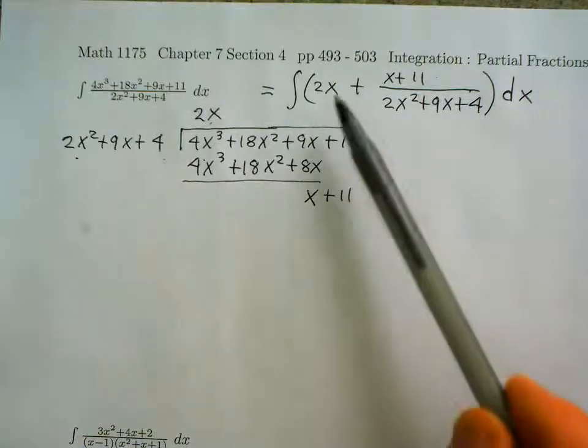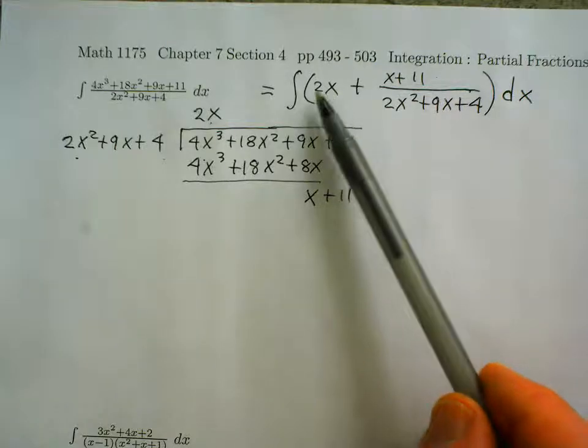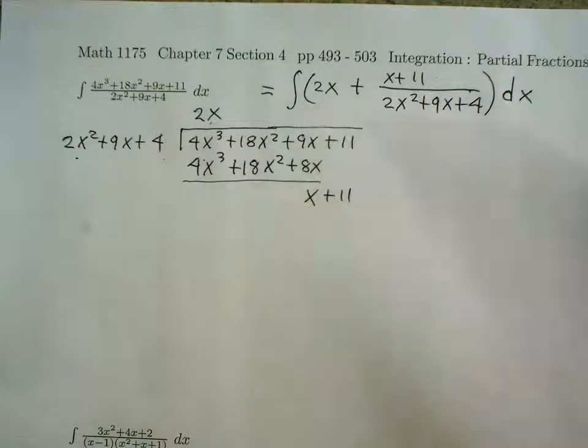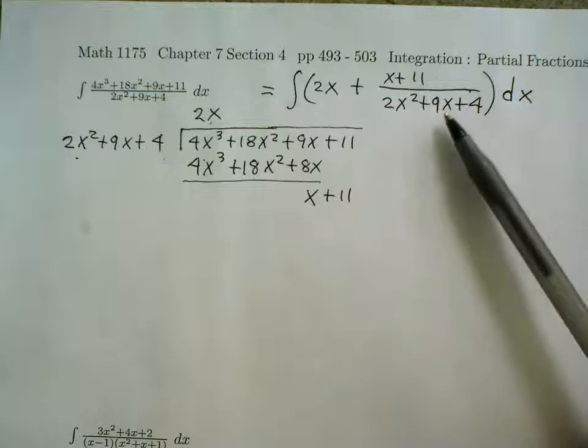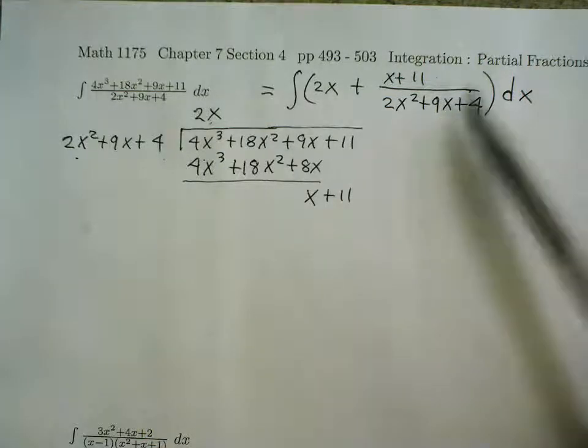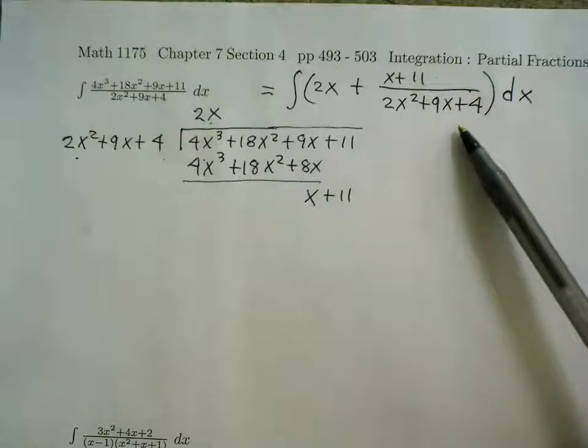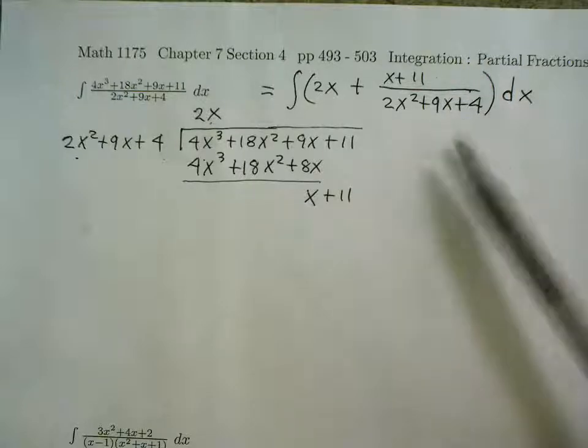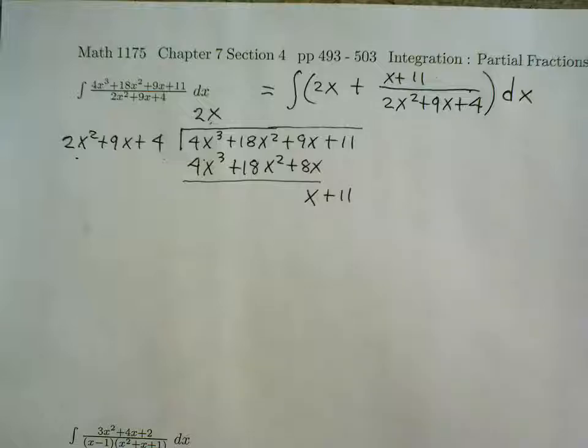We can easily find an antiderivative for 2x. That's just going to be x squared. And we can use partial fractions to find the integral of this proper rational function, x plus 11 over 2x squared plus 9x plus 4.